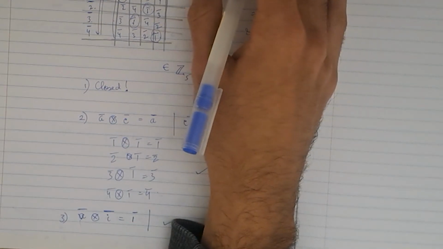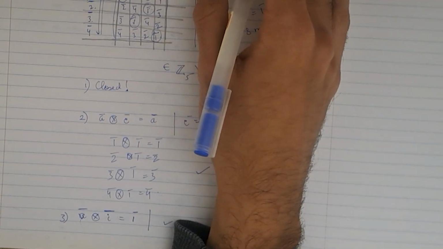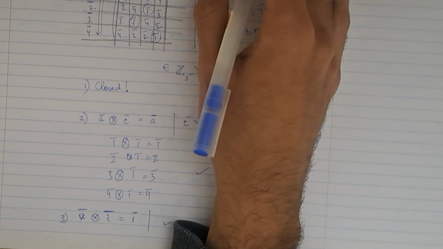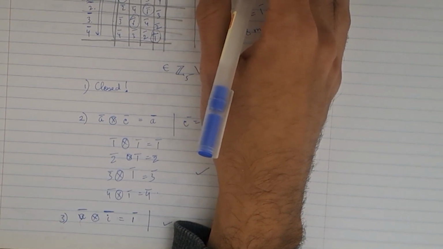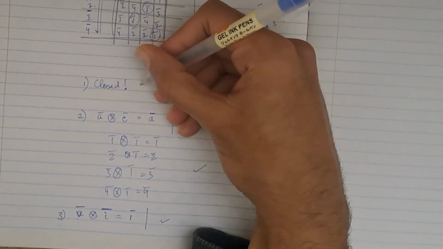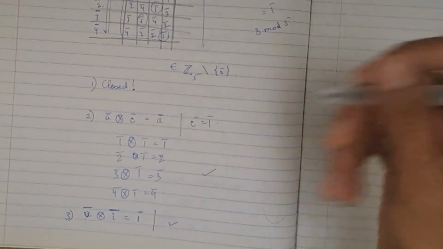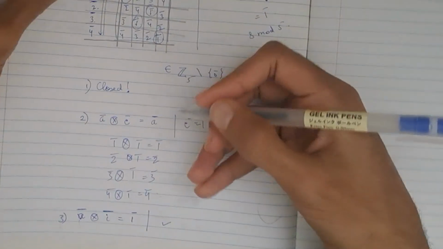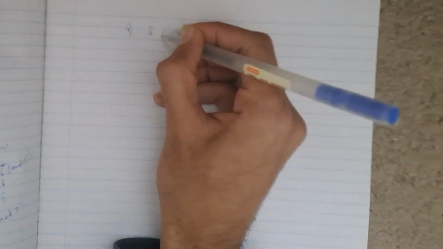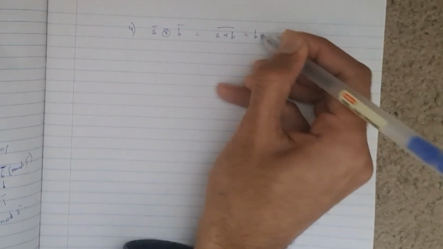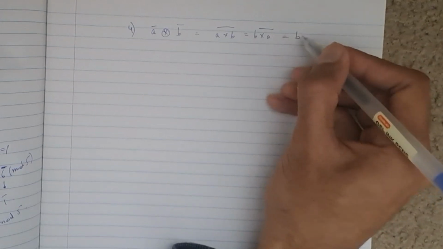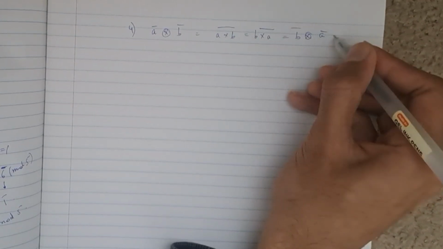The last thing we can prove here is to show that this is a group. So you have proved closure, you have proved identity and inverse. This is clearly associative as well. So let's prove that here. This is the same as E times B, which is the same as this, which is the same as this.